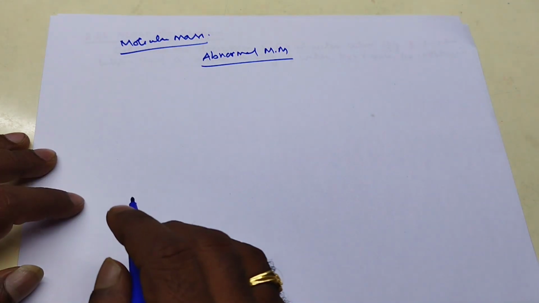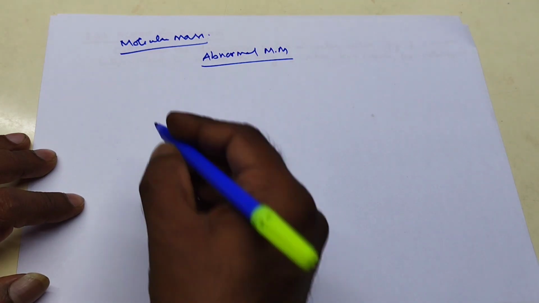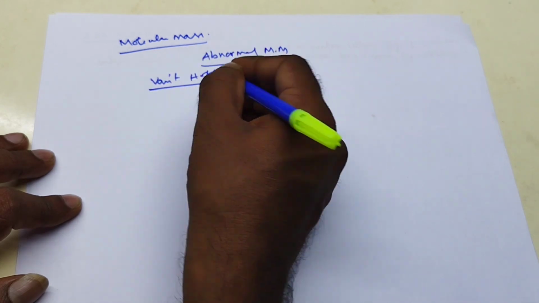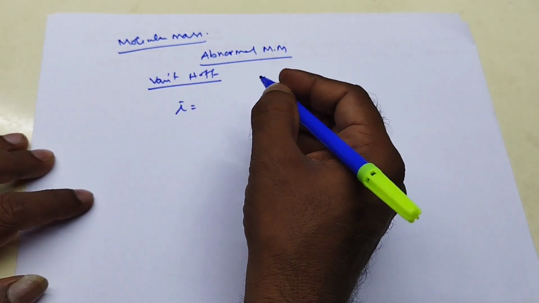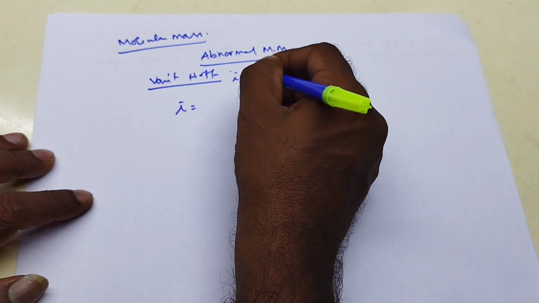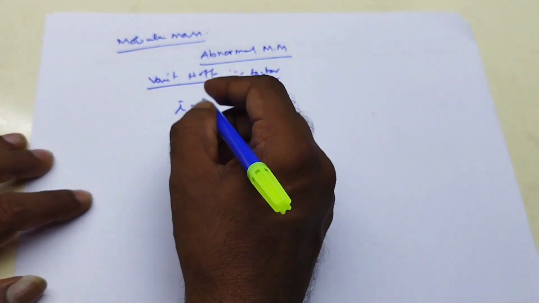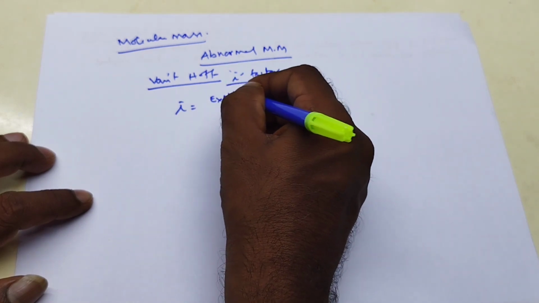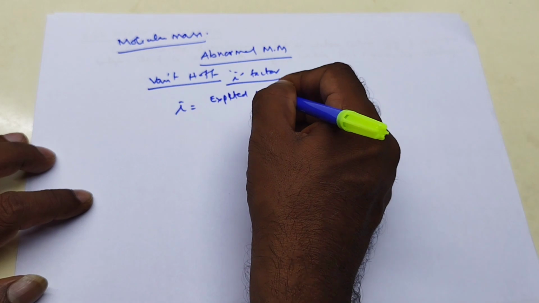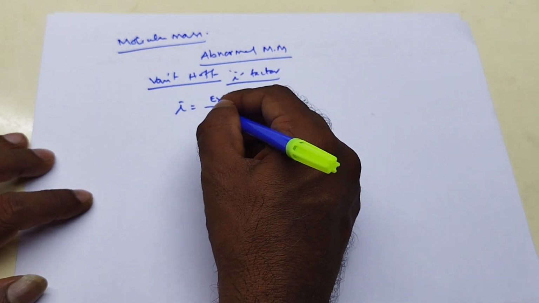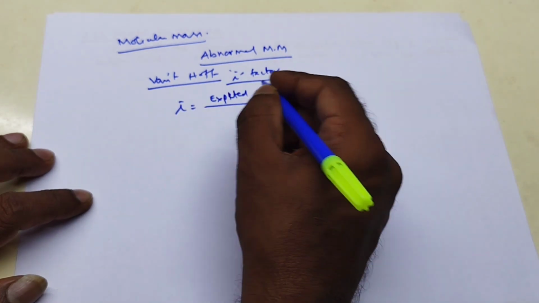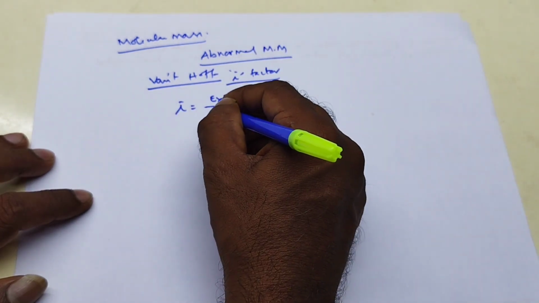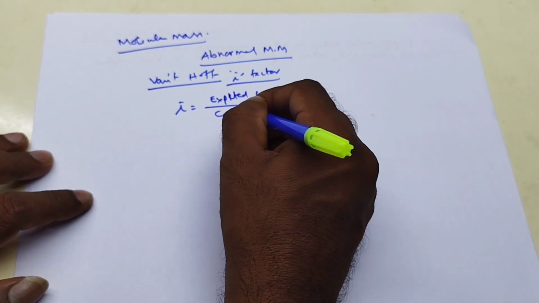To calculate the association or dissociation, Van 't Hoff, a scientist, introduced a factor called the i factor. What is meant by the i factor? The i factor is nothing but the experimentally determined colligative property divided by the calculated colligative property.